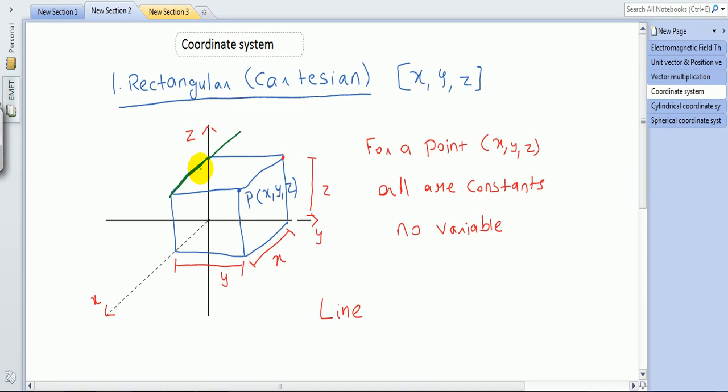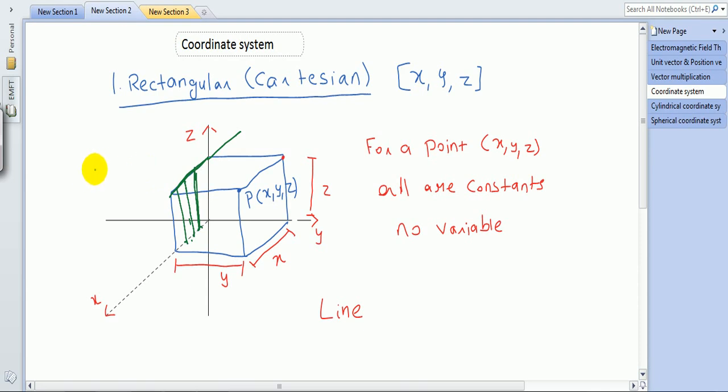For every point on this line there will be specific values of y and z, but there will be different values for x. Like if I see here, at this point there will be different value for x, at this point different value for x. So at each point there will be different values for x.